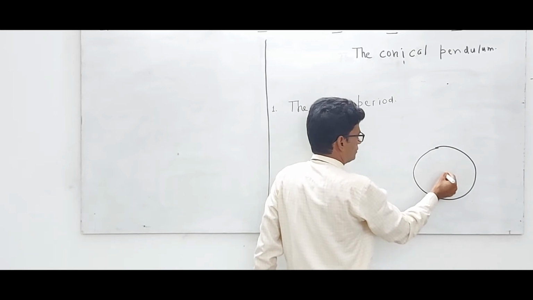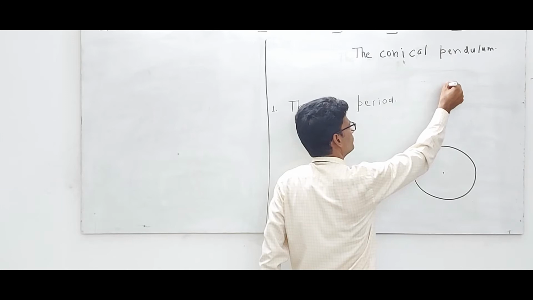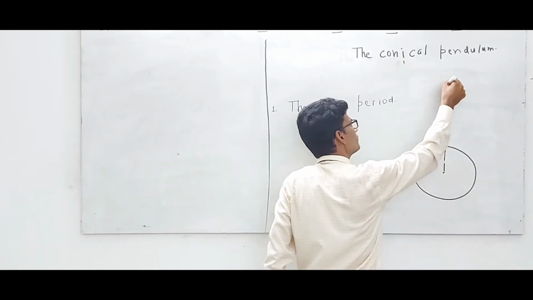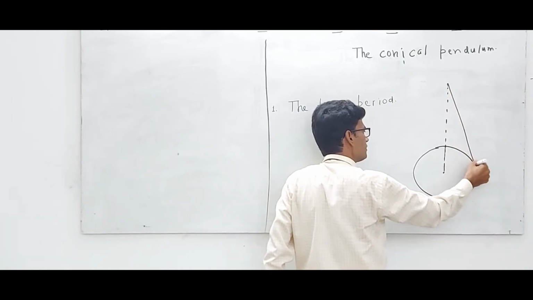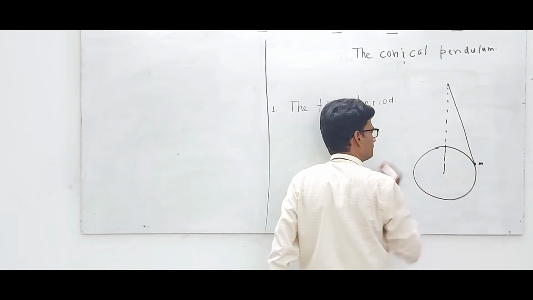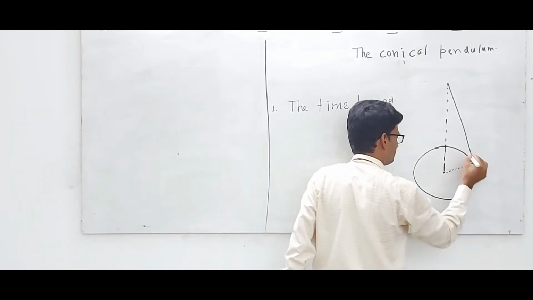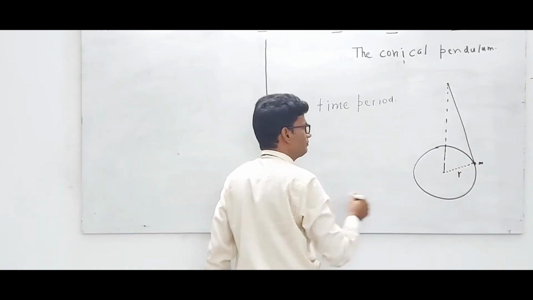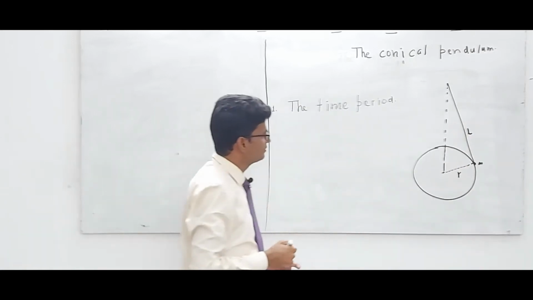So here is the center of the horizontal circle. See here, the bob of mass small m. This is the radius of the horizontal circle, small r. This is the length of the string, supposed to be massless.